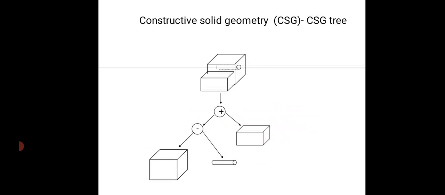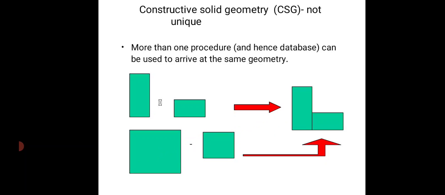Plus means adding the part, minus means the intersection or difference. This cylinder is subtracted from this box, then united with the remaining portions. That is the constructive solid geometry.